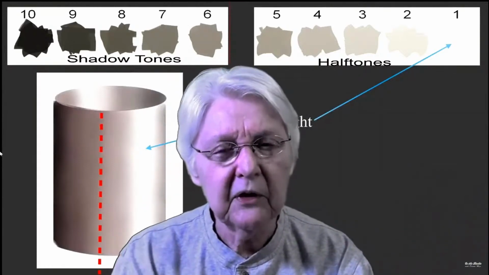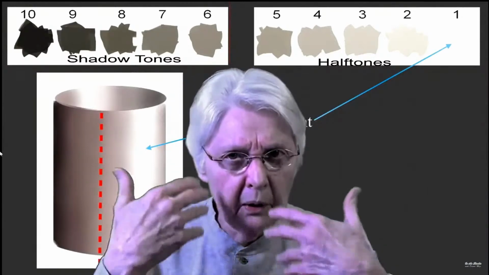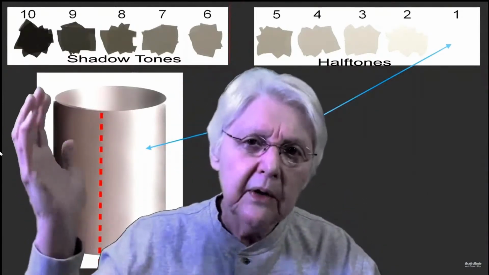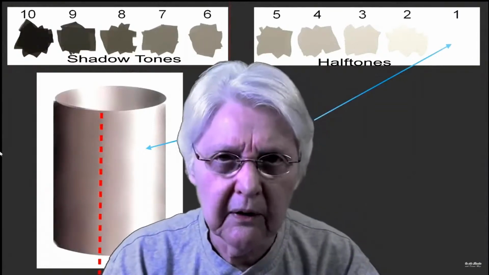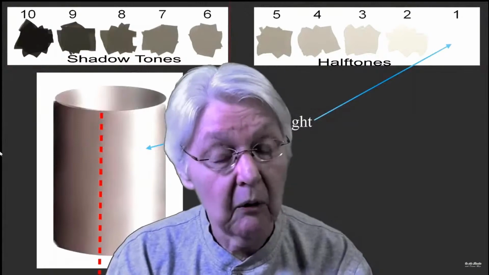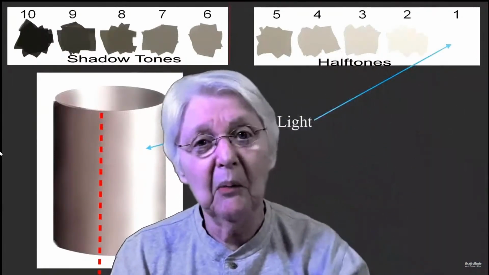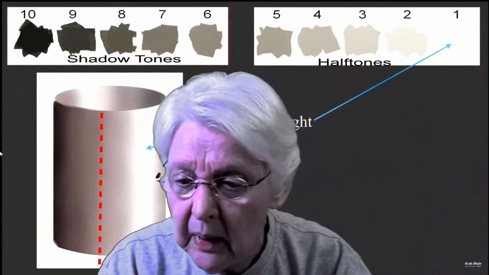This will make all the difference in the world in the richness of your painting when you can learn to recognize the degree of light that's hitting a surface and how the halftones respond to that degree of light, depending on the environment and what's going on in the environment.